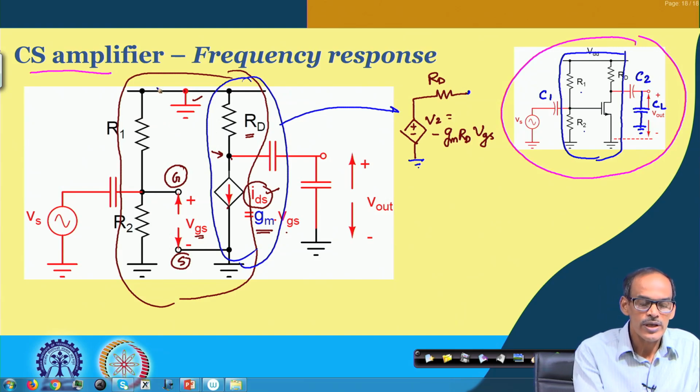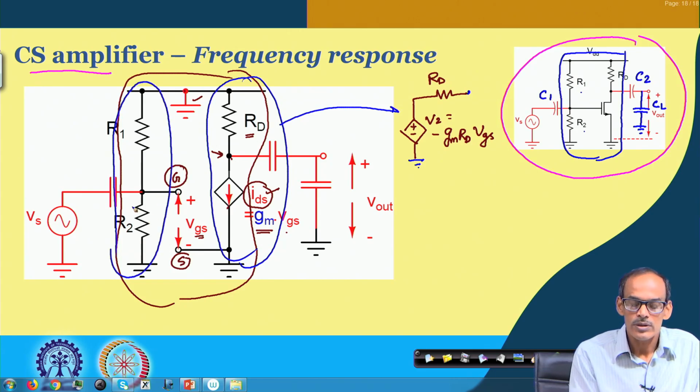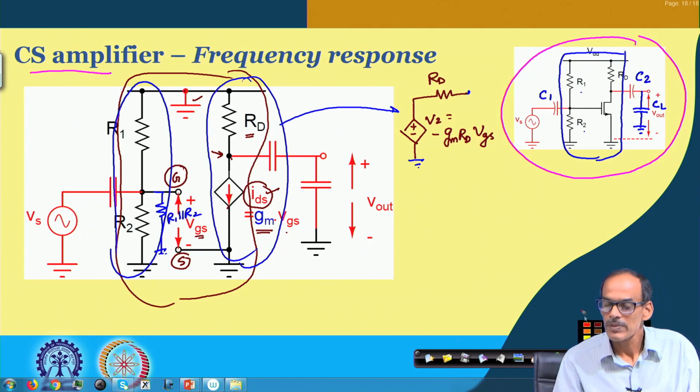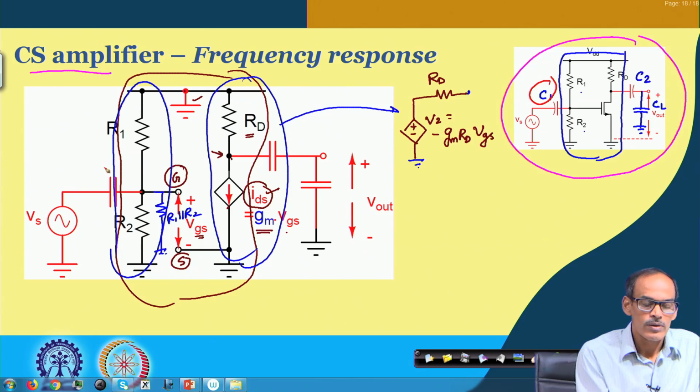Likewise, on the input side, these two resistors you can translate into an equivalent resistance here, which will be R1 parallel R2. So, what we can see here is that this C1 and this Rin, which is R1 parallel R2, are forming one CR circuit.